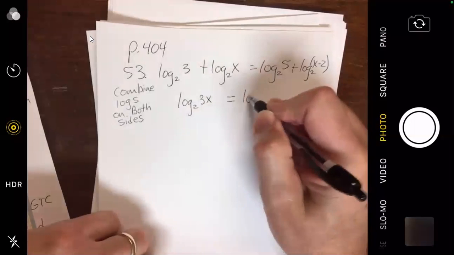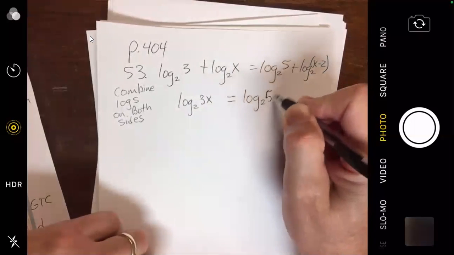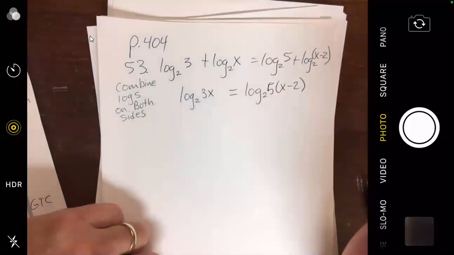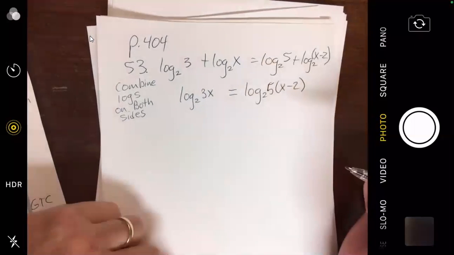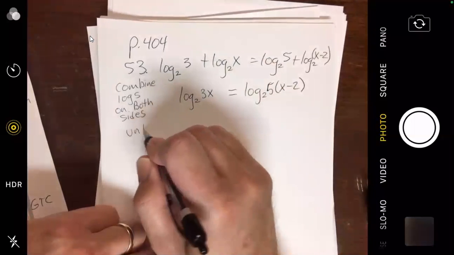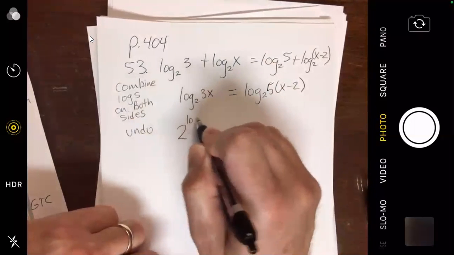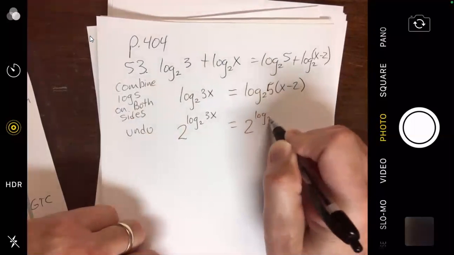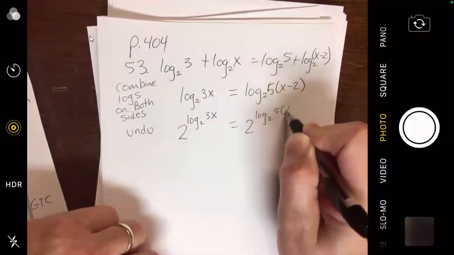This side is a log base 2 of 5 times x minus 2. Because they're all positive, they wind up on the same level multiplied. Now we can undo 2 to the log base 2 of 3x. Base 2 of 5 times x minus 2.